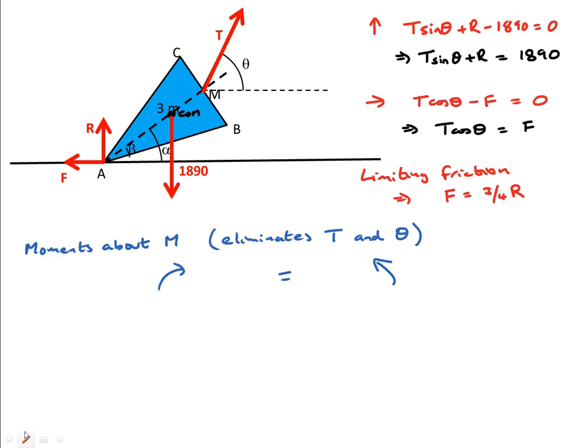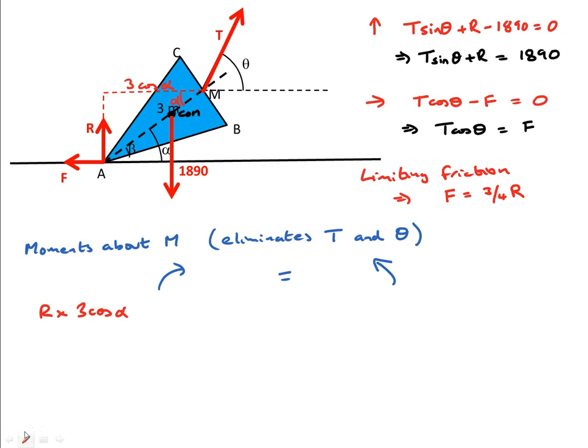The perpendicular distance of M from the line of action of R is going to be 3 cos alpha, so the moment of R about M is R times 3 cos alpha.